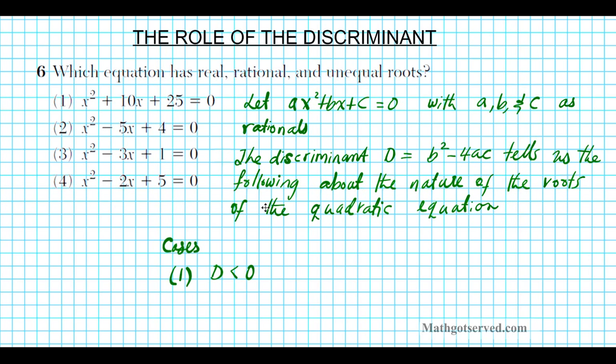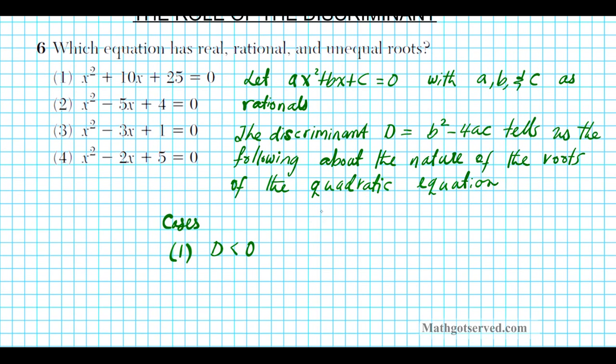If your discriminant b squared minus 4ac is less than 0, what does that tell you about the nature of the roots of this quadratic equation? Well, this implies that the roots are going to be imaginary and unequal. Okay, imaginary and unequal.